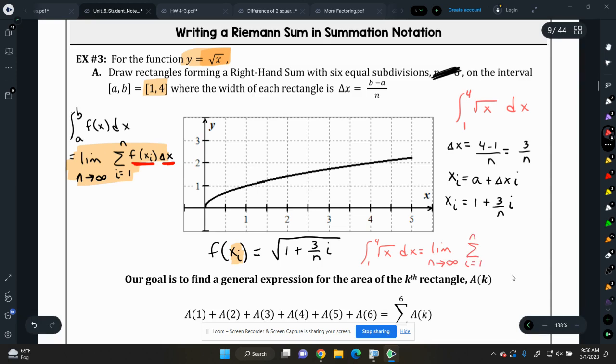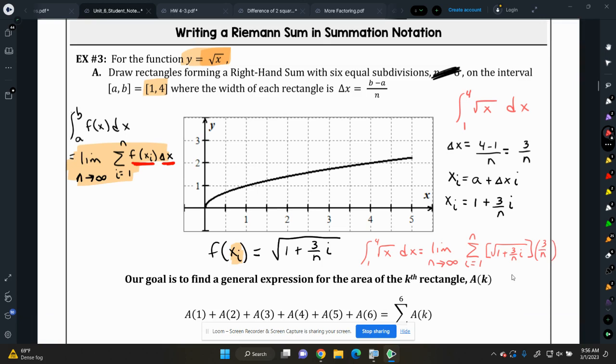We don't know how many subintervals there are, so we leave it as n. And then we do f of x sub i, so the square root of 1 plus 3 over n i, times delta x, which is 3 over n.